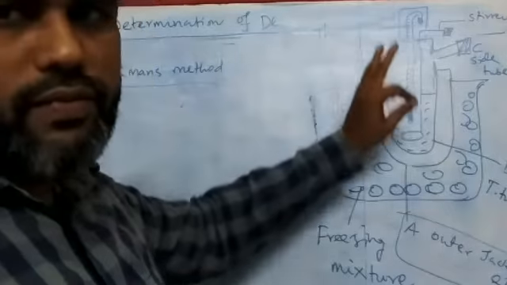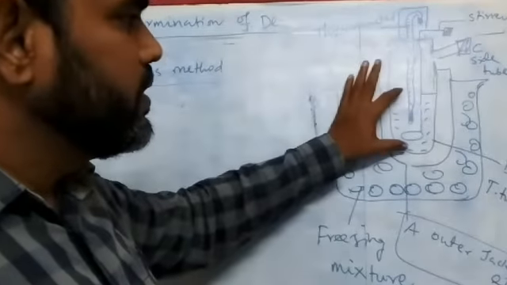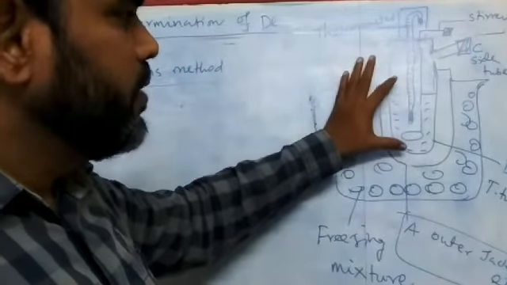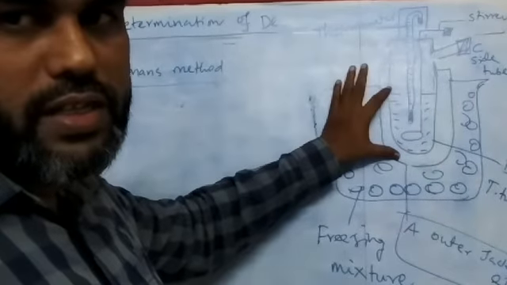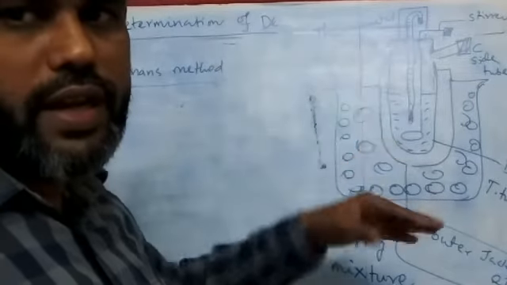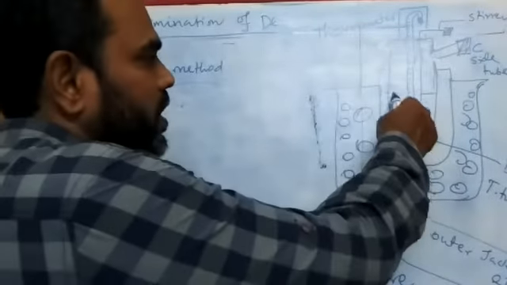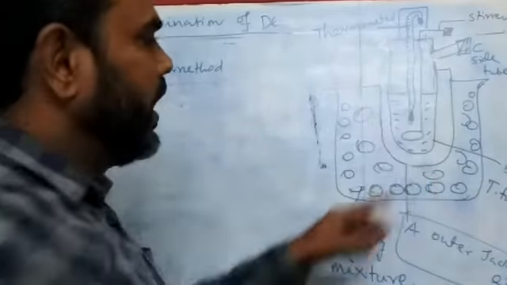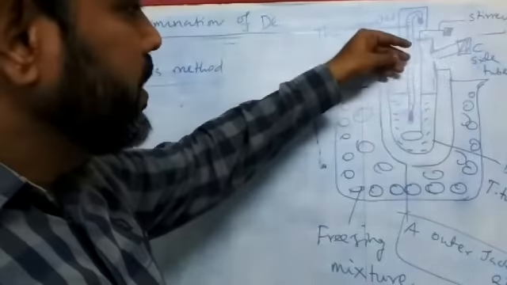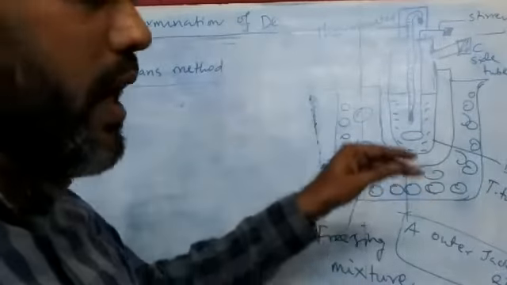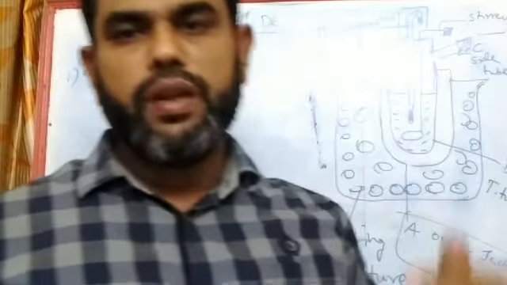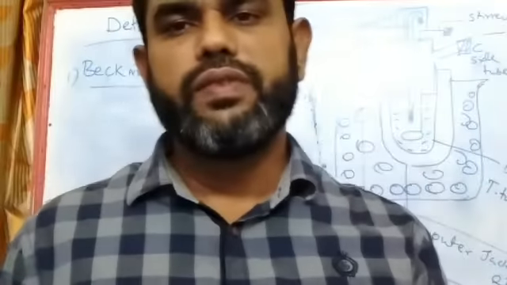The temperature will fall down. The camphor should be taken in a liquid or molten state, so previously you have to heat it, make it into a liquid form, then freeze the solvent, and note down the temperature. It falls and goes slightly below the freezing point because of the freezing.